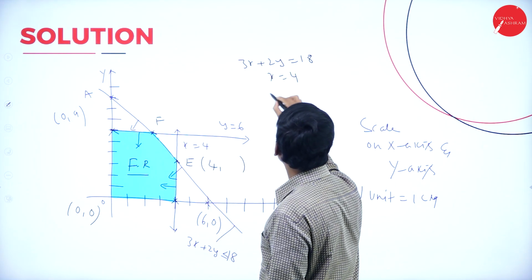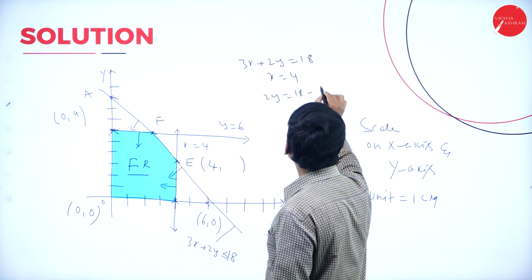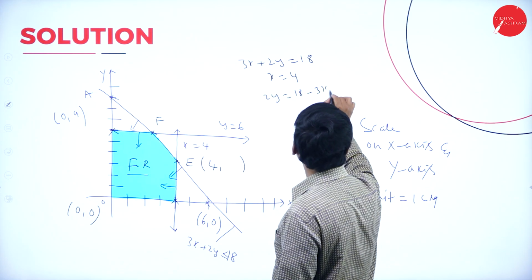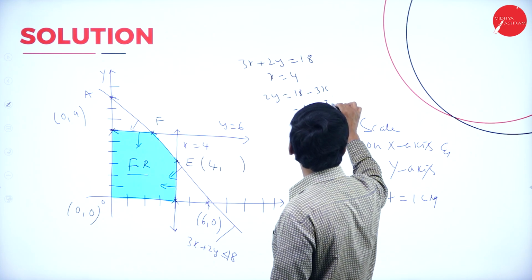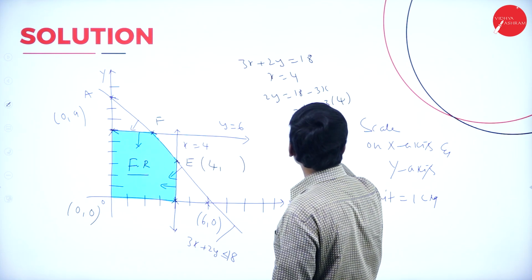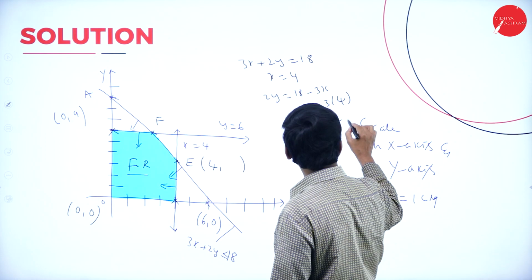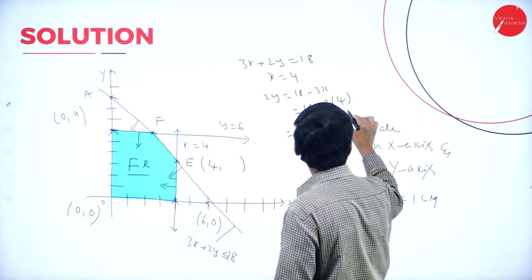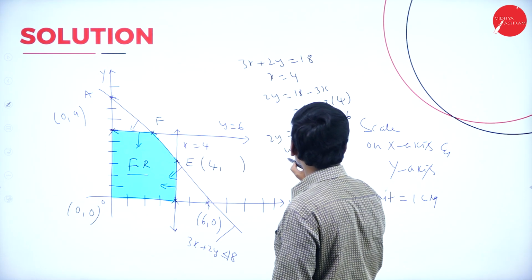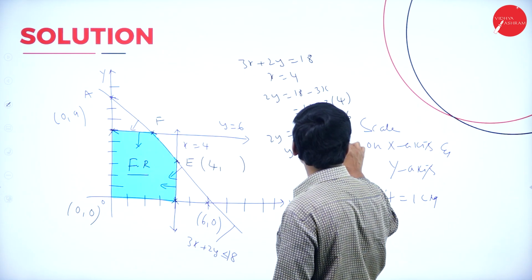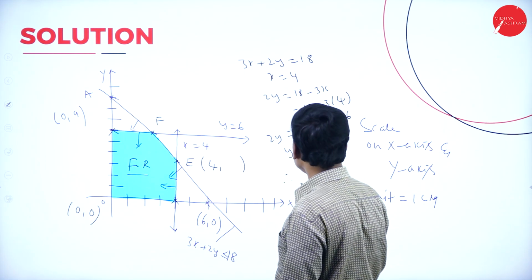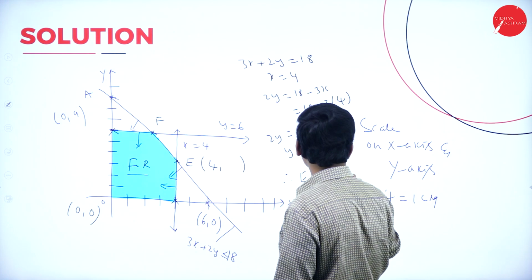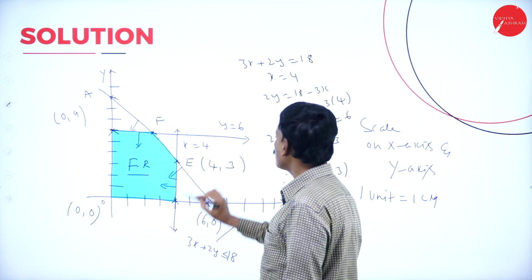Put x is equal to 4, you will get 2y is equal to 18 minus 3 into 4, that is 18 minus 12, which is 6. 2y is equal to 6, y is equal to 3. Therefore the point E is 4 comma 3.